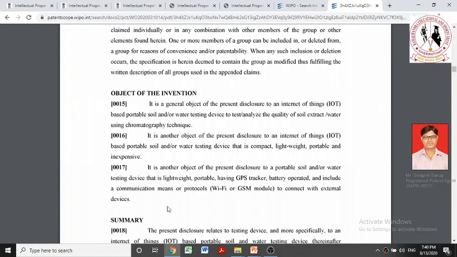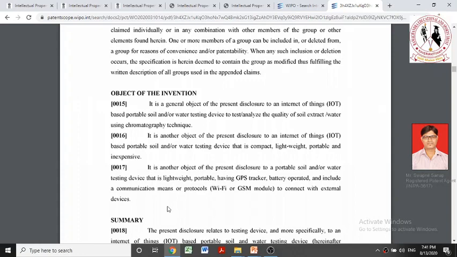It can also be considered in a single summary portion itself. So here he has tried to define two or three specific aspects, specific objects of his invention, which actually helps him to define the scope of the specific invention, right? So this is what it is.